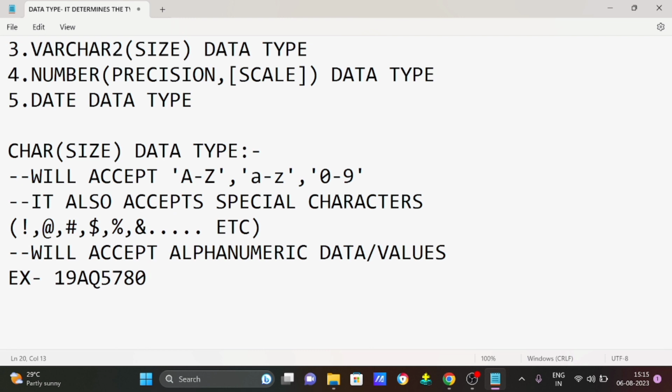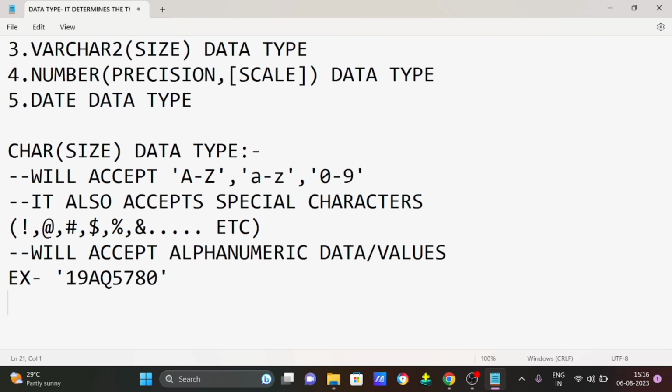For example, this is the roll number of any particular student of a college, of any educational institute. Now, this particular thing consists of both alphabets and numbers. So, such type of data or values are referred to as alphanumeric data or values. So, char of size data type also accepts the combination of alphabet and numerics as well.